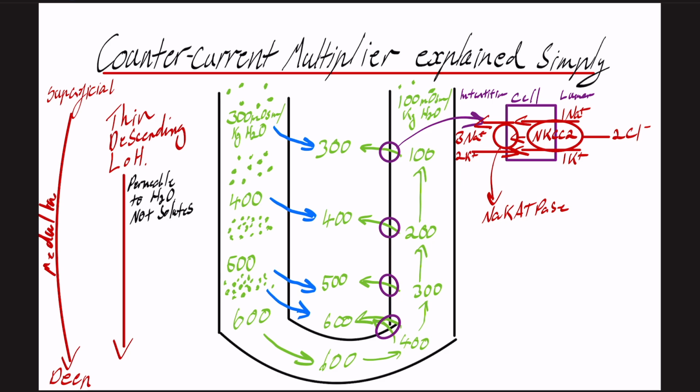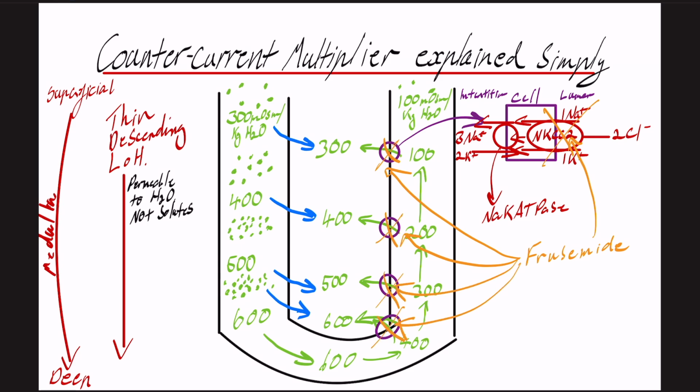So this sodium-potassium 2-chloride channel, also known as NKCC2, is the target for medications like Frusemide. So what Frusemide does is it essentially blocks these channels. So it's a loop diuretic. So these channels are found in the loops of Henle, and it blocks these channels.